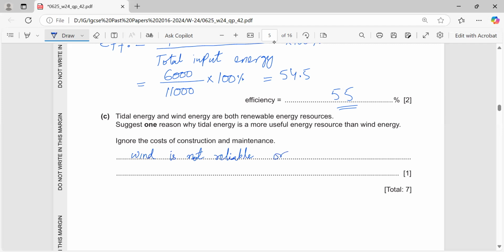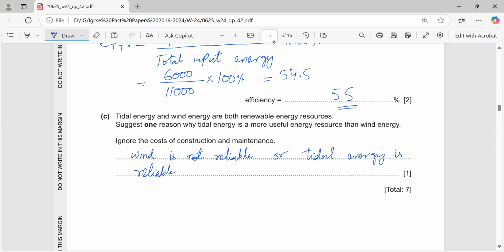Or you can say the reverse of it: tidal energy is reliable. Any one of them you can write. Why is it reliable? Throughout the days of the moon, you will see that this tidal energy will be available. We cannot say that it's not. It will be available as compared to wind energy.